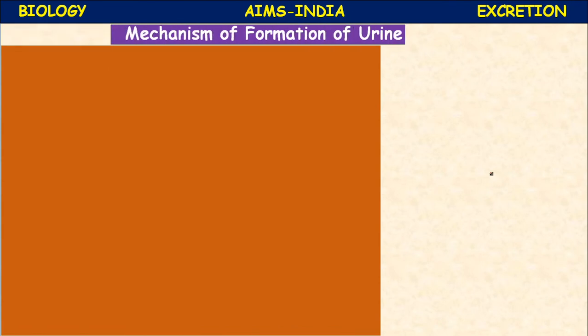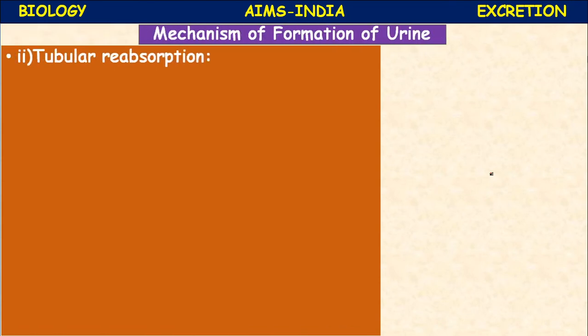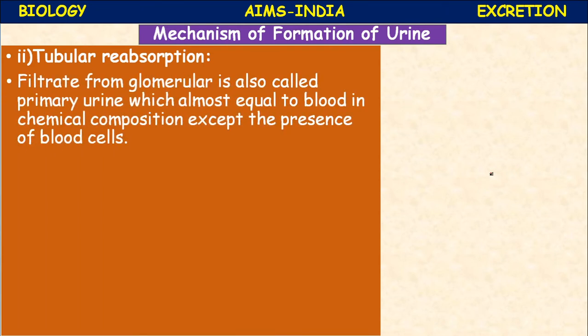Next part of the urine formation, the second step, tubular reabsorption. In the tubular reabsorption, the filtrate from the glomerulus is also called primary urine, which is almost equal to blood in chemical composition except the presence of blood cells.